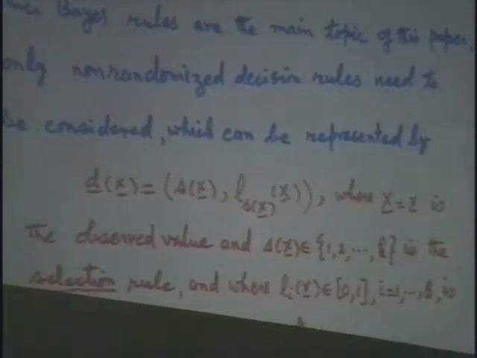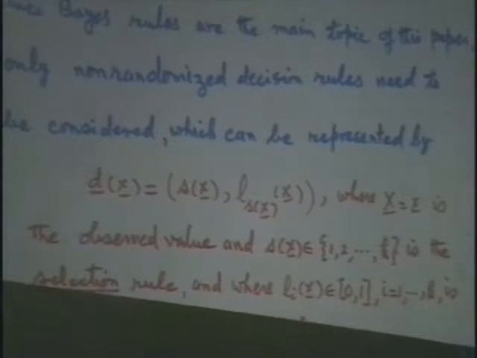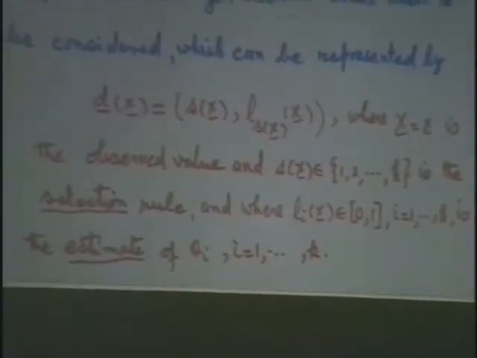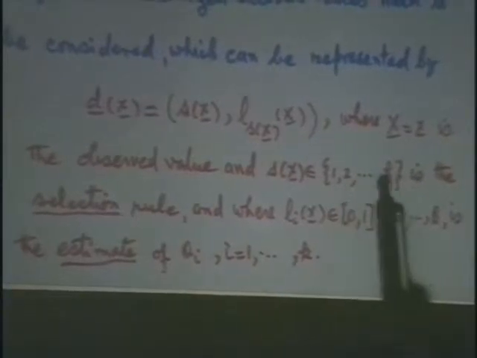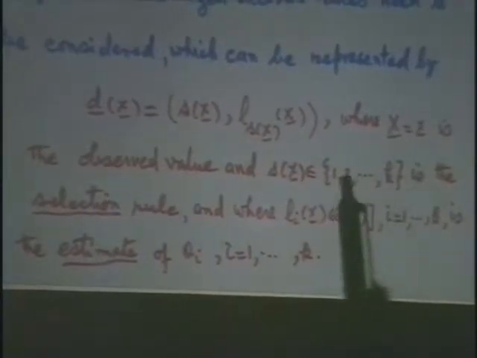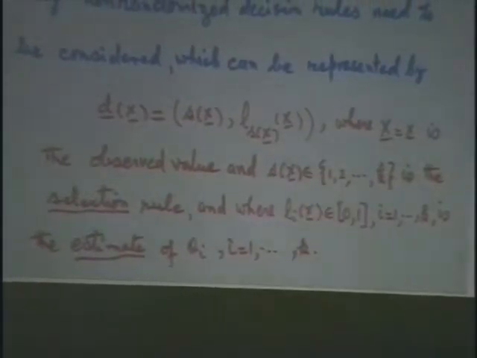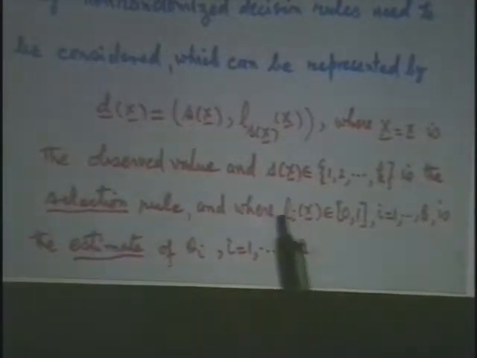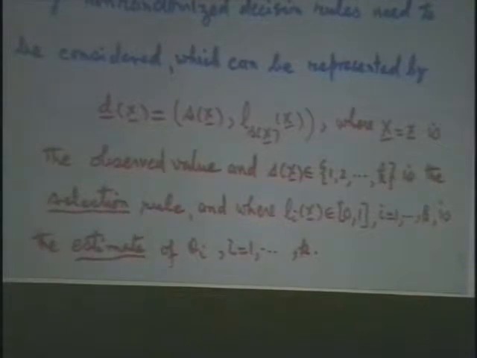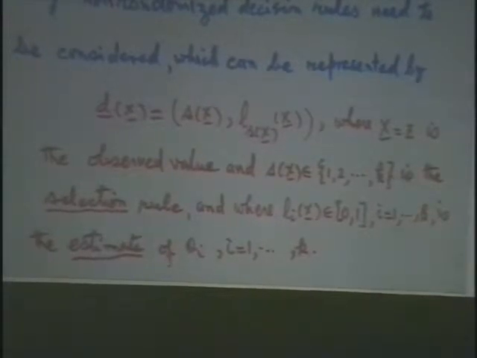What is x? x is the observed value of big X. So having observed X equal to x, s(x) simply identifies which population is selected. It could be 1, 2, or k. And then L_s(x)(x) is the estimator of that particular population, or rather, simplified, L_i(x), which is of course a number between 0 and 1.